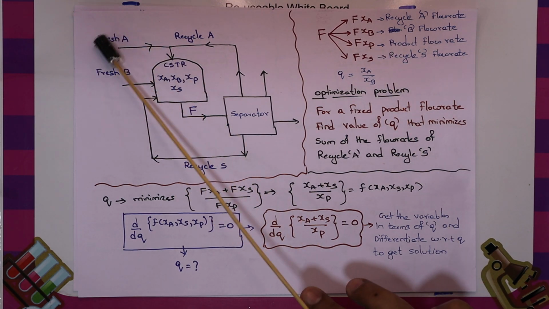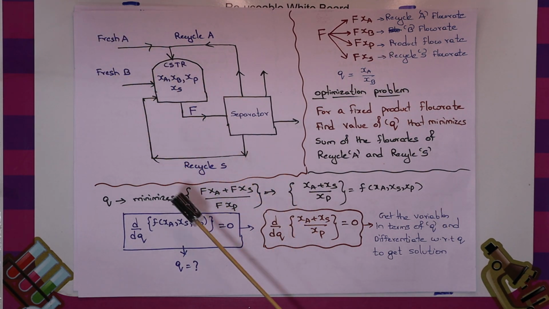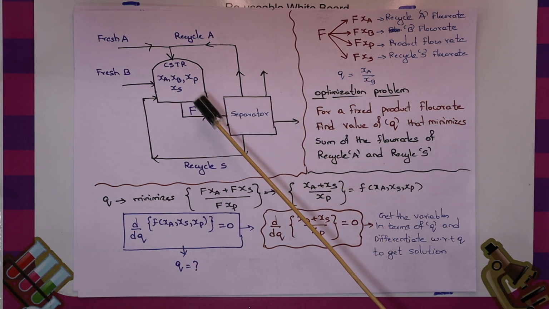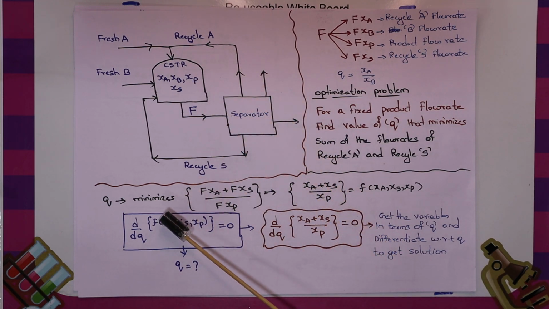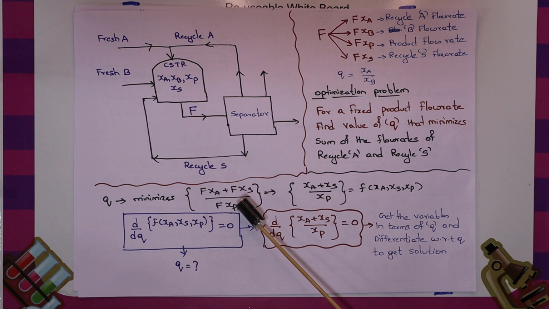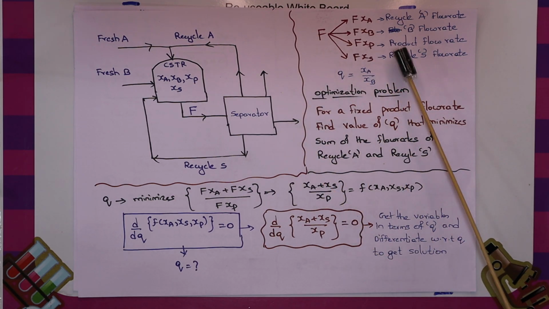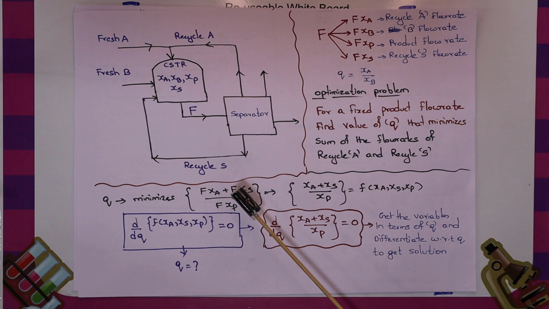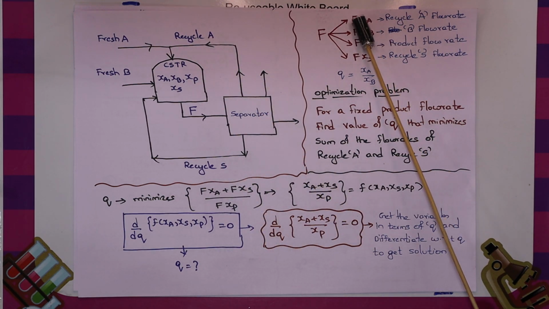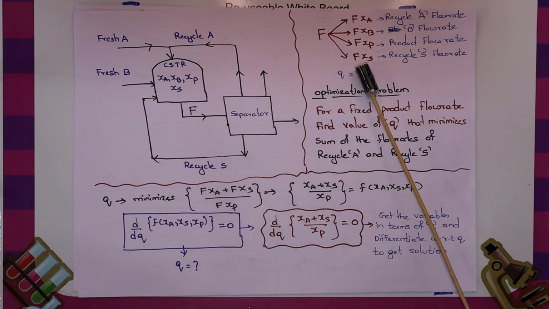Don't start with this; you have to start with exit flow rates. And among this, what is the optimization problem? You have to optimize for a fixed product rate. You have to optimize the molar flow rate of A and S in the recycle. For a fixed product that is coming out of the reactor, which is F into XP, you have to somehow manage the recycle A, F into XA. What is recycle S? F into XS.